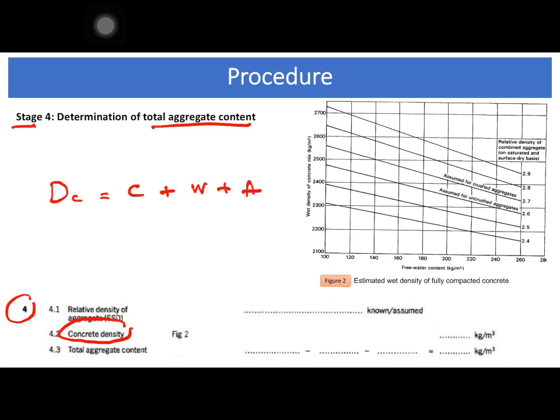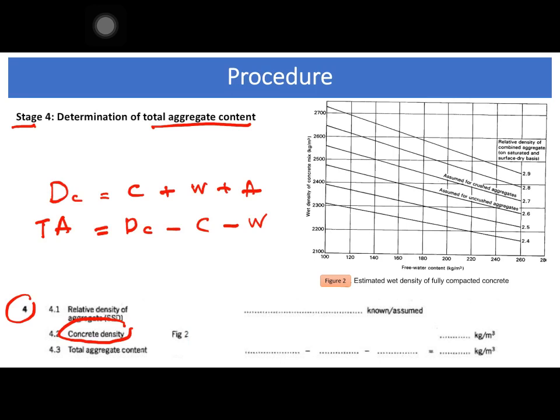Since we want to determine the aggregate, it is the density of concrete minus the weight of cement minus the weight of water. So we can get the total aggregate.